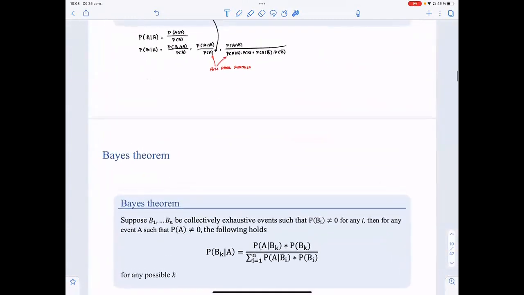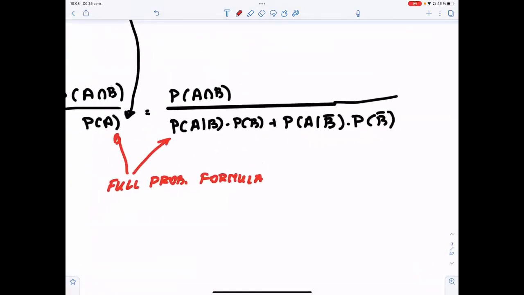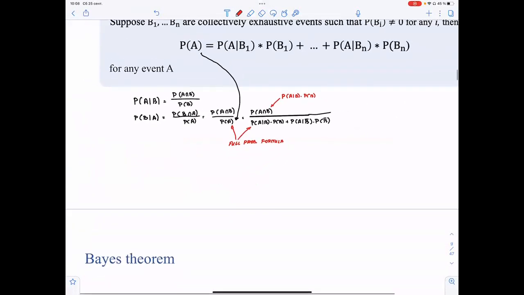And then we apply the definition of the conditional probability straightforward. And then we apply the full probability formula. And for the rest, we may replace that with P of A given B times the marginal probability of B. So basically, that is applied here.